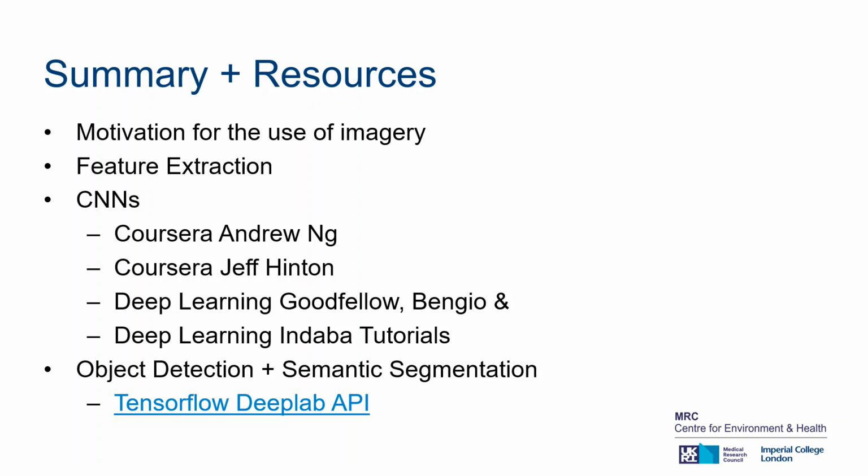In addition, the tutorials from the Deep Learning Indaba have been very helpful for myself. For object detection and semantic segmentation, I'd recommend the TensorFlow DeepLab API, which we'll get a chance of having a hands-on go with in the final stage of this ReCoDE exemplar.